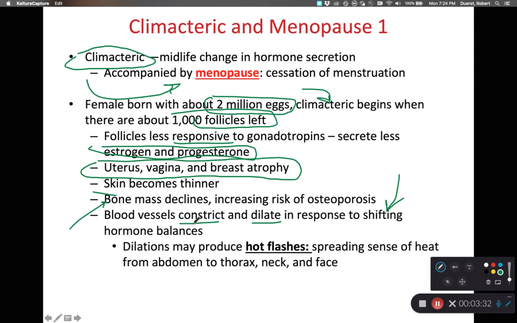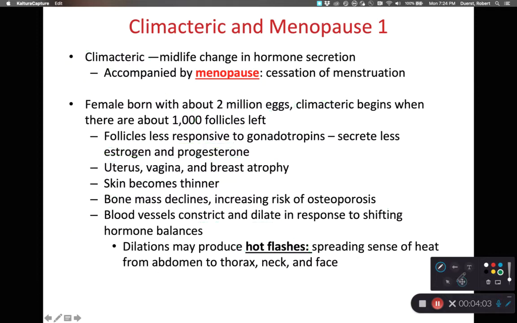And this causes the female to experience what is known as a hot flash, or as a very funny woman described it, her own personal summer, when it'd be the middle of winter and she'd be bright red and sweating up a storm. And this sense of heat spreads from the abdomen to the thorax, neck, and face, and can result in the female feeling very uncomfortable and very warm.